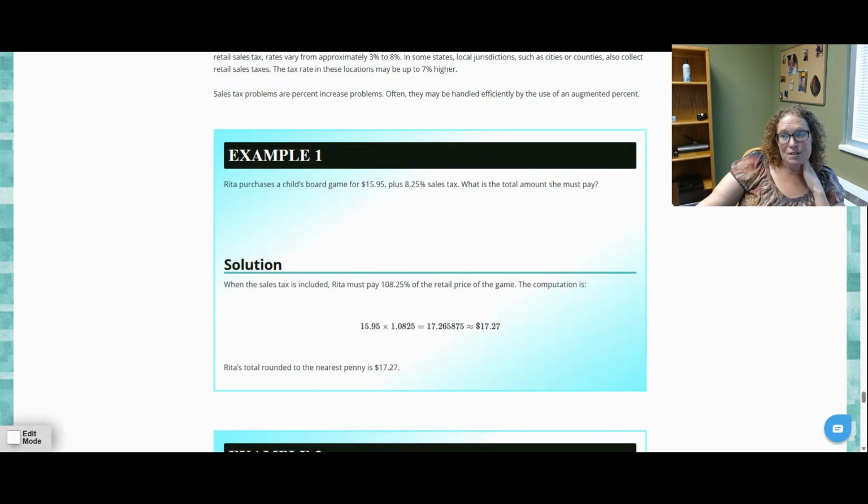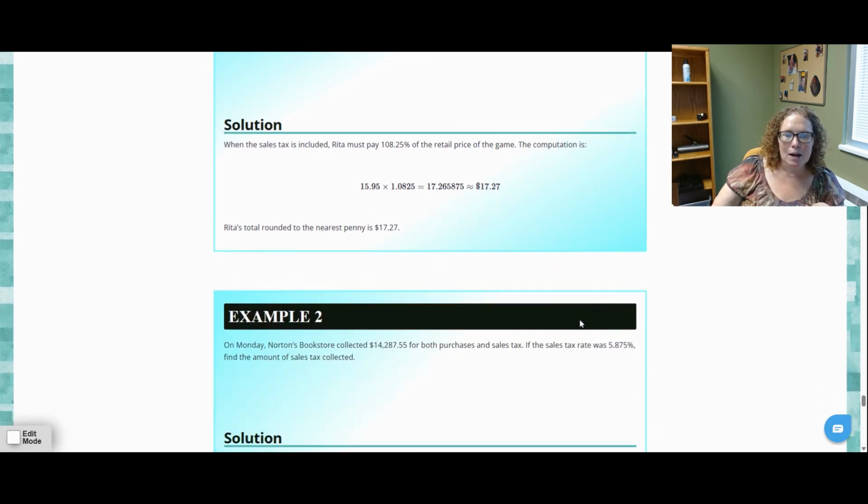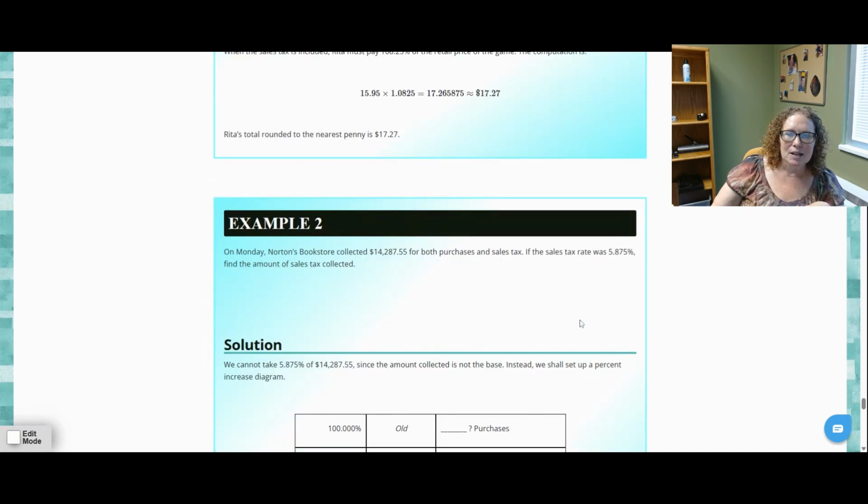What's really nice is that those states that don't have that, it's easier to figure out if you're staying in budget because you're not having to add that sales tax increase, but you can still figure it out, it just makes it a little bit easier.